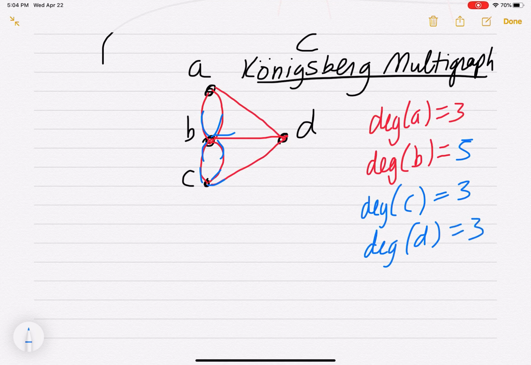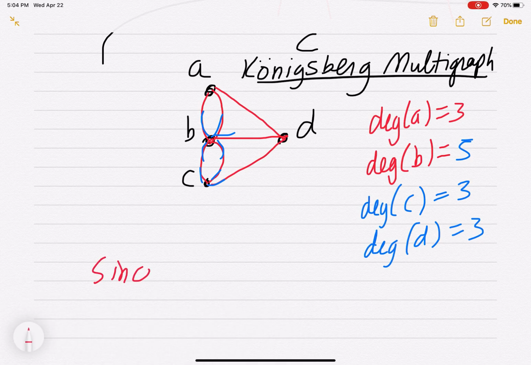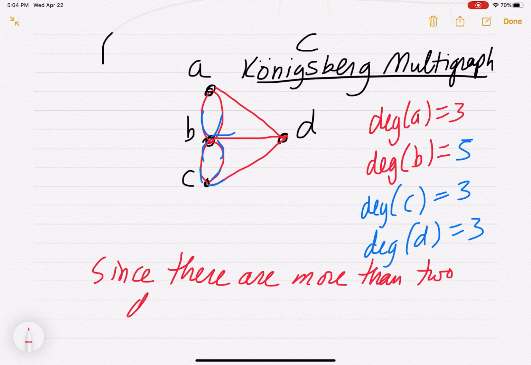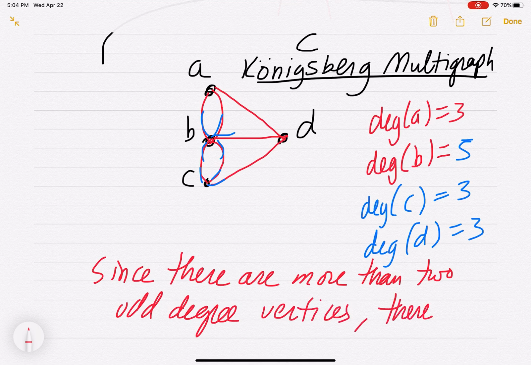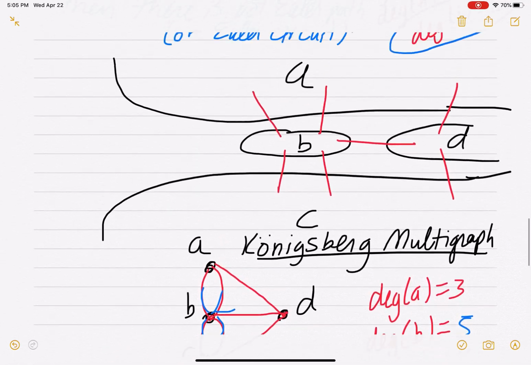So we have too many odd degree vertices, since there are more than 2 odd degree vertices. There is no Euler path. That means there's no way to cross every single bridge exactly one time without double crossing. So there's the answer to Euler's famous bridge problem right there.